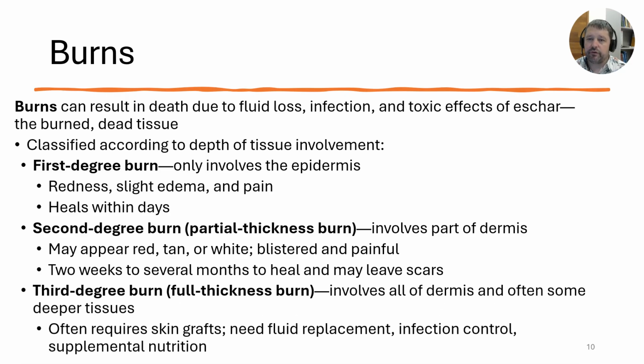And then, of course, third degree burns are the deepest burn, okay, through the epidermis and all of the dermis, even the hypodermis. Okay, so even the fat layer underneath the dermis, and sometimes even the muscle layer underneath that. Often these require skin graft because now you've burnt through all the material that can provide nutrition to that wound.